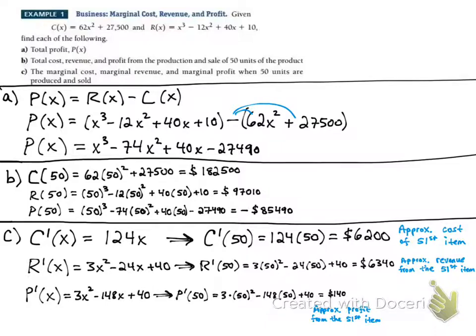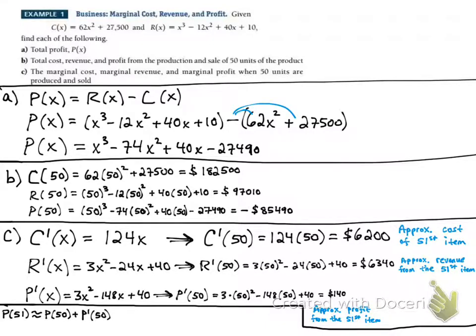So these are all of our marginals for the cost, revenue, and profit. Notice that the profit from the 51st item is positive, so the 51st item makes us money. That makes us think if we keep selling more items, we'll probably start to turn a general profit.